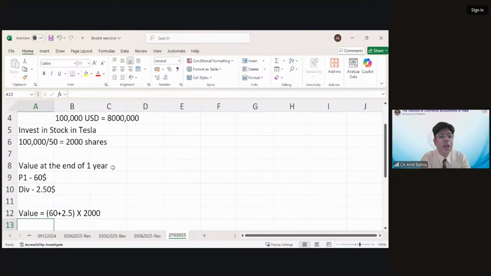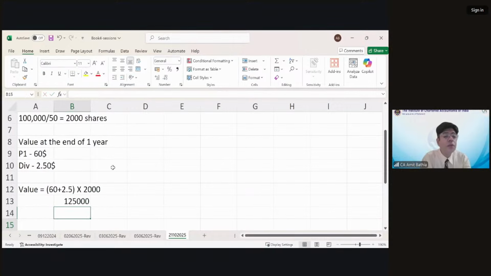So in other words, I will have 62.5 into 2,000. So that is going to come to 1,25,000, right? Now I have got this money in dollars. Remember, these are all USD.